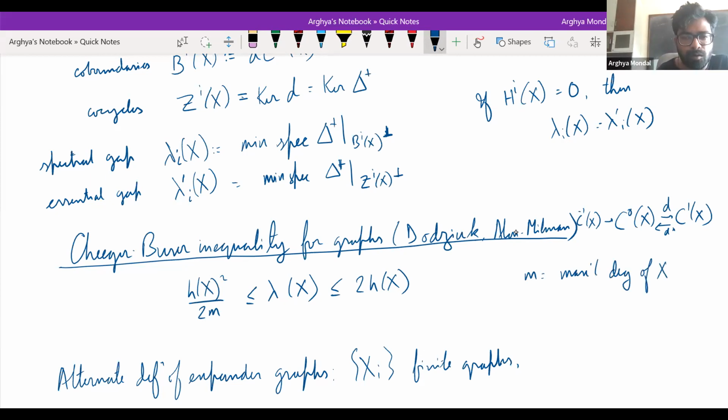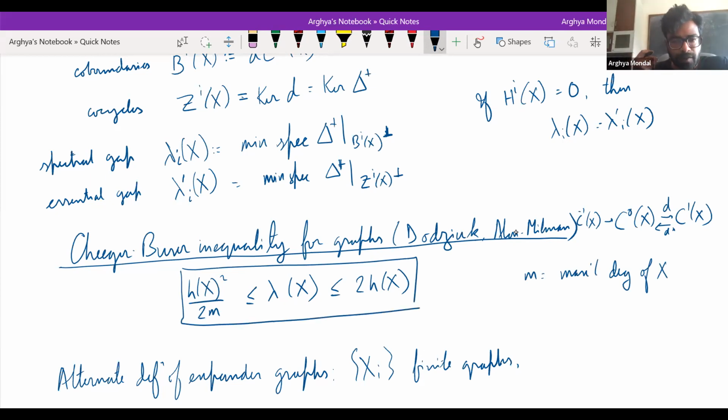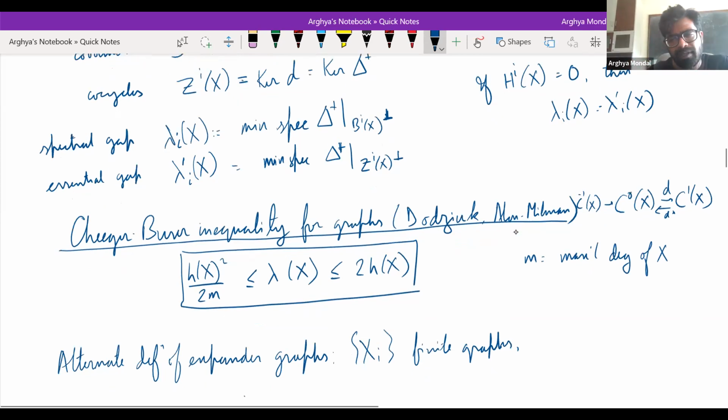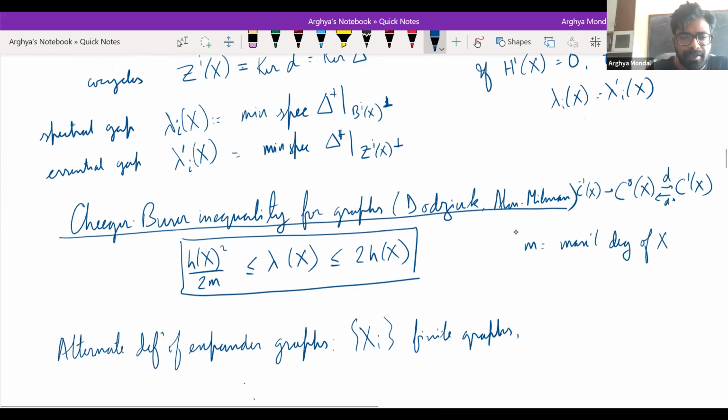So note that if h x goes to 0, then lambda x has to go to 0 and vice versa. And also, what h x measures is how easy it is to disconnect the graph. And if the graph is disconnected, then lambda x is equal to 0. So lambda x is kind of an analytic way of saying how easy it is to disconnect the graph.